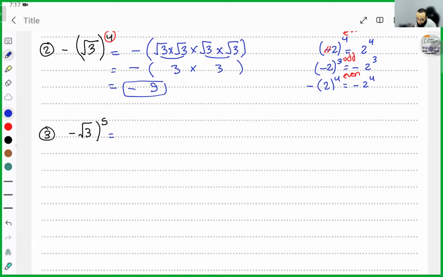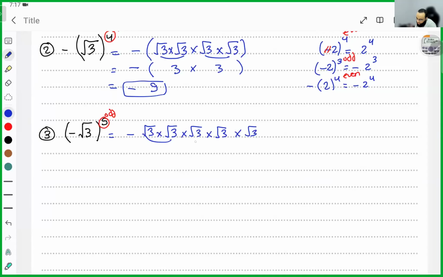Because it's an odd power. We can only delete it with an even power. This is an odd power, so the negative sign is still itself. How many times are we going to repeat root 3? 5. It's root 3 times root 3 times root 3 times root 3 times root 3.